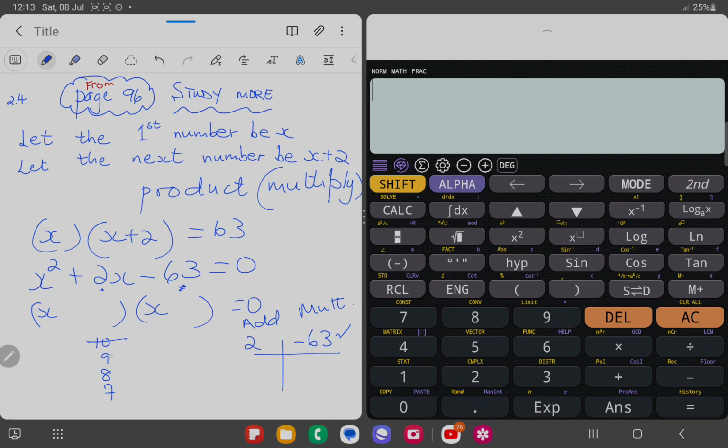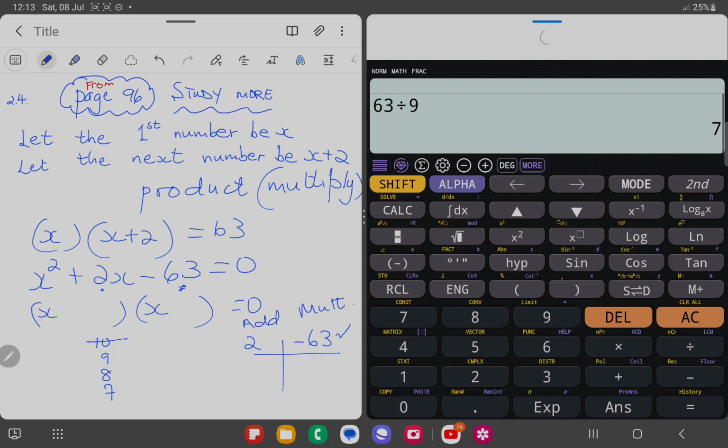Now let's check 9. How do you know if 9 is a factor? You press on your calculator 63 divided by 9. The answer that you get is 7.